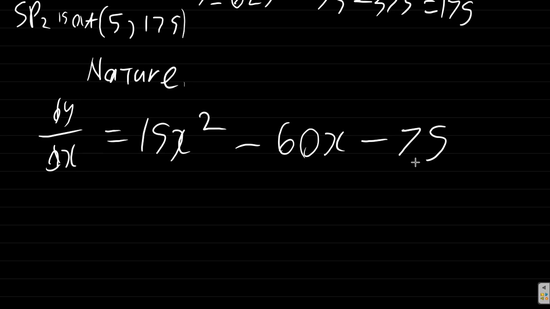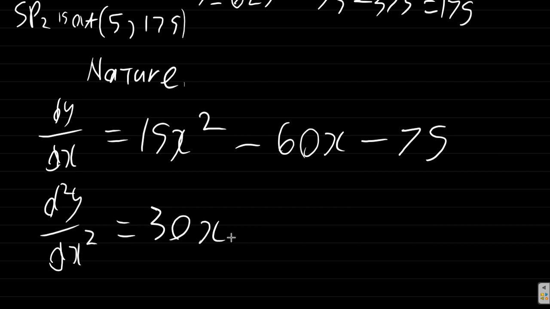So that's the first derivative we have there. Now d squared y by dx squared equals 30x minus 60. Okay, good.